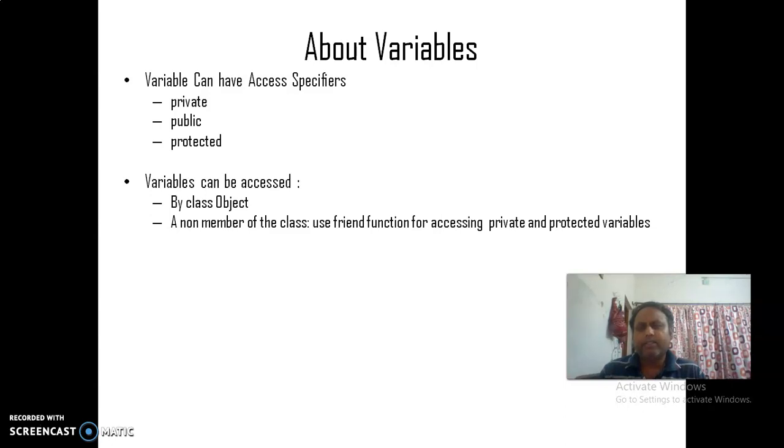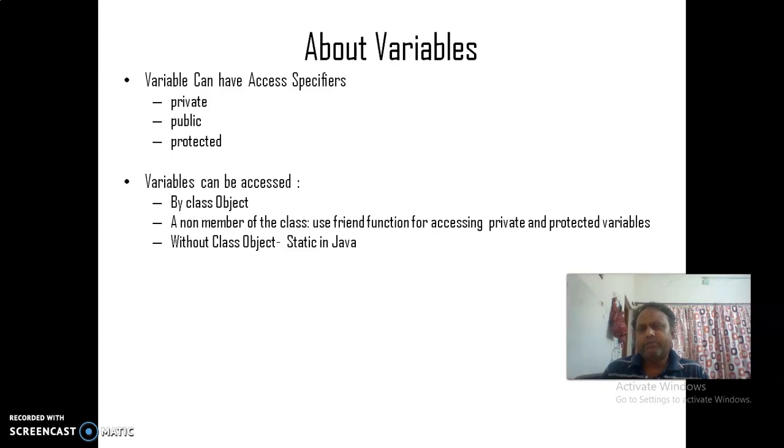If a function which is declared outside the class wants to access a private variable of a class, it can do so by using friend functions. By making it a friend of that class, a private data member can be accessed. This is a loophole in the C++ language. Most object-oriented languages do not provide this kind of facility.